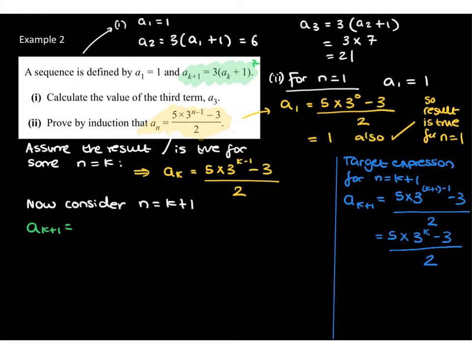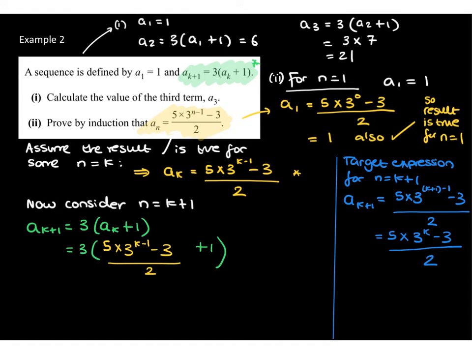So ak plus 1 is equal to 3 multiplied by ak plus 1. So that's 3 multiplied by, now what do we have for ak? Well, it's over here. We have 5 times 3 to the k minus 1, take away 3, all over 2, and then of course there's a plus 1 in the bracket.